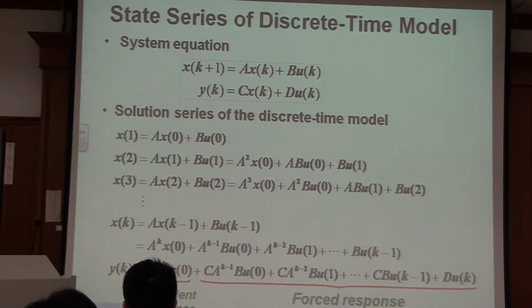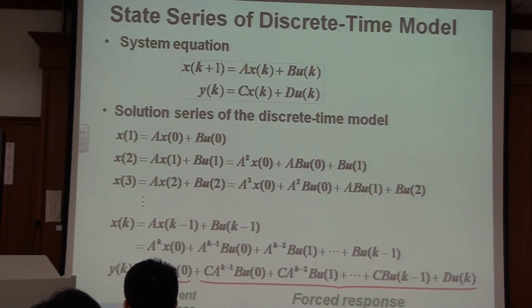So the transient response from x0 will be gone if A is a stable matrix. That means all eigenvalues of A are less than 1. And when K is sufficiently large, then C A^K becomes just 0. For a large K, C A^K x0 becomes 0.